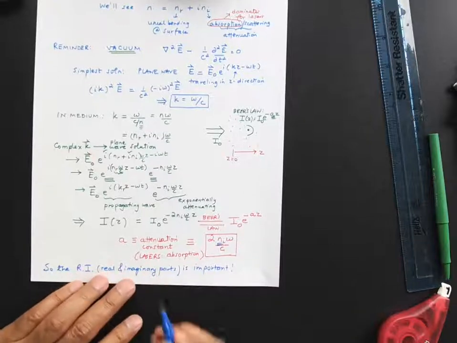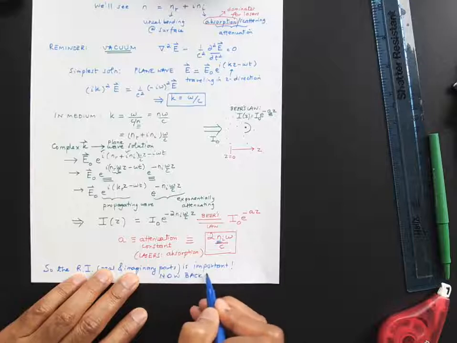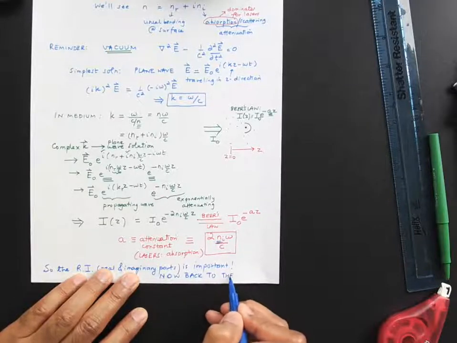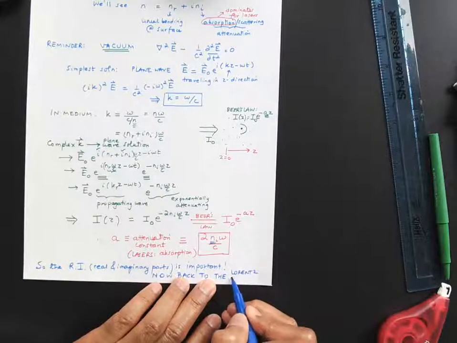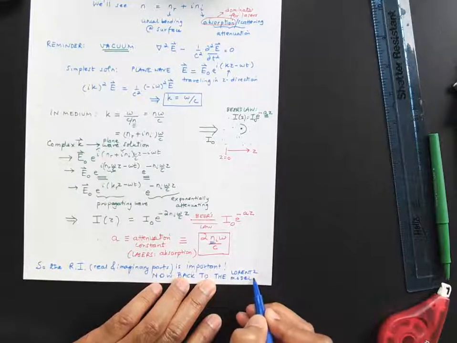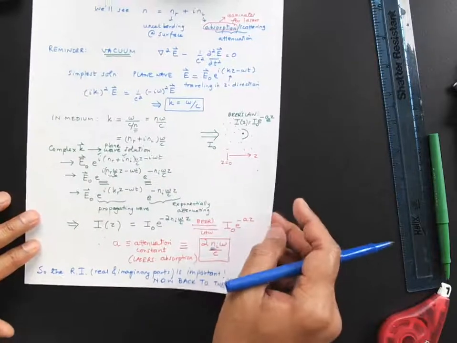Okay, and now back to the Lorentz model. That's where we were, and we are on the brink of discovering for the first time a microscopic theory for the refractive index. And how far had we made it?